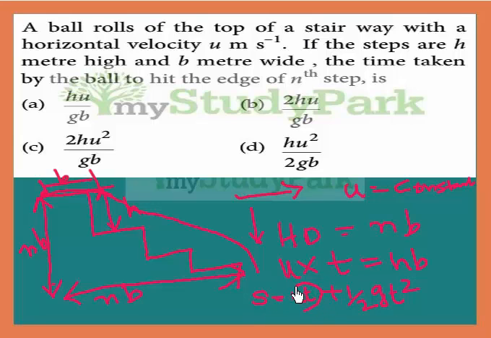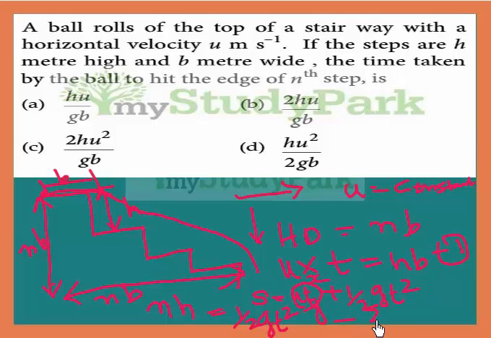Here this u component, which is uy, I should write, and this is ux. Uy, the vertical component of velocity, is 0 because it has just started rolling. So S is the total vertical distance which it traveled, which is nh, equals half gt square, equation number 1.